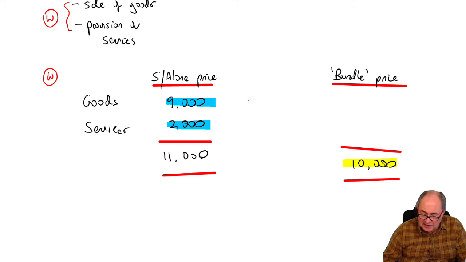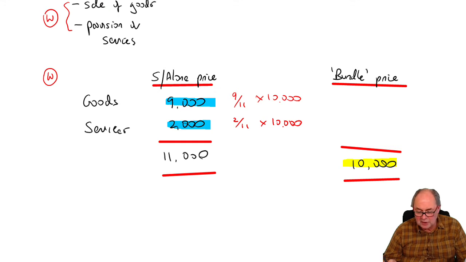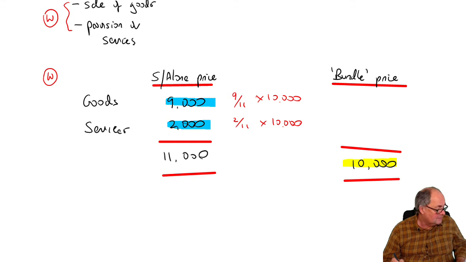And so what's going to happen is that 9/11ths of the 10,000 will be for the goods, and 2/11ths of the 10,000 will be for the services. 9/11ths for the goods, 2/11ths for the services.